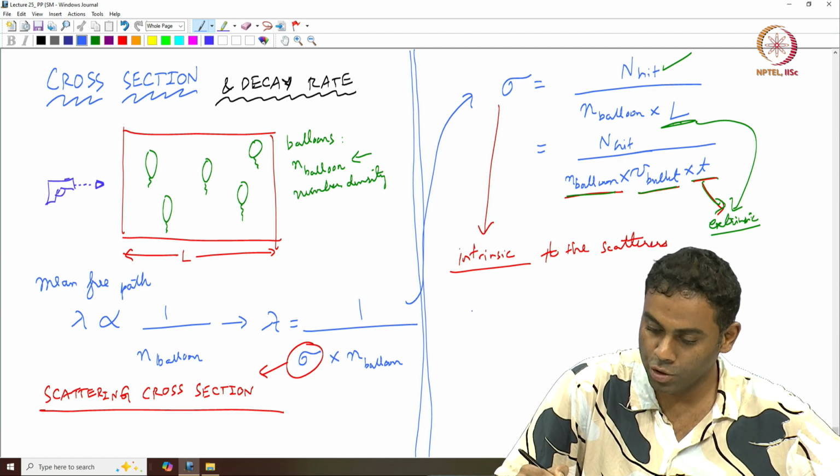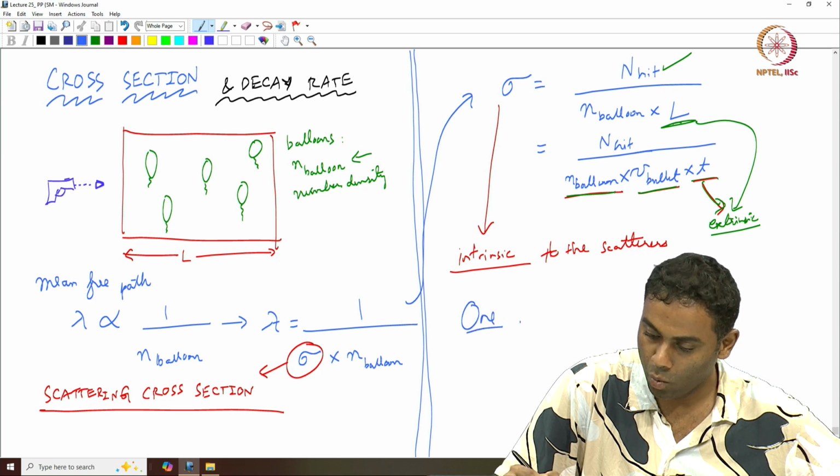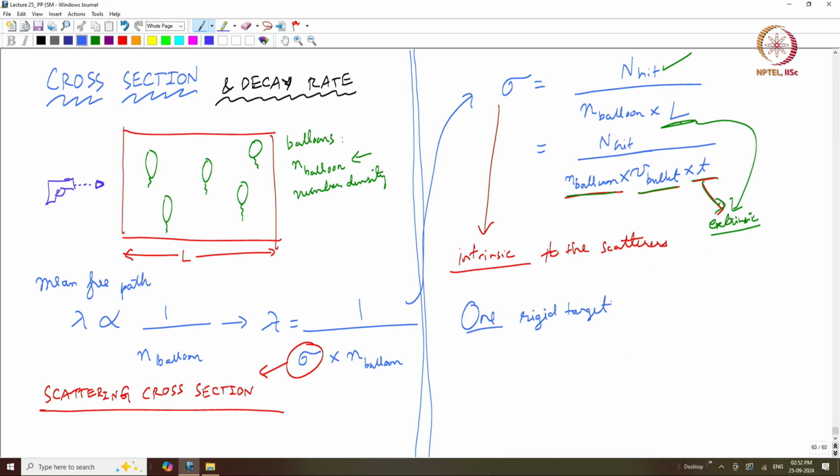Suppose you had one rigid target, let's say some rock or something like that, and instead of one bullet, you have a beam of bullets. This is like some submachine gun that just keeps spraying bullets on some rock or some very hard rubber ball.